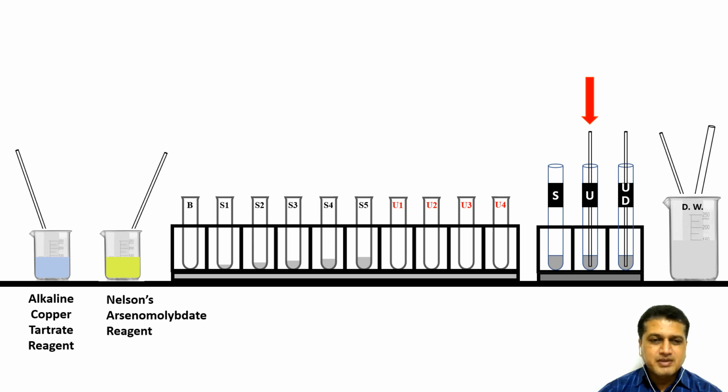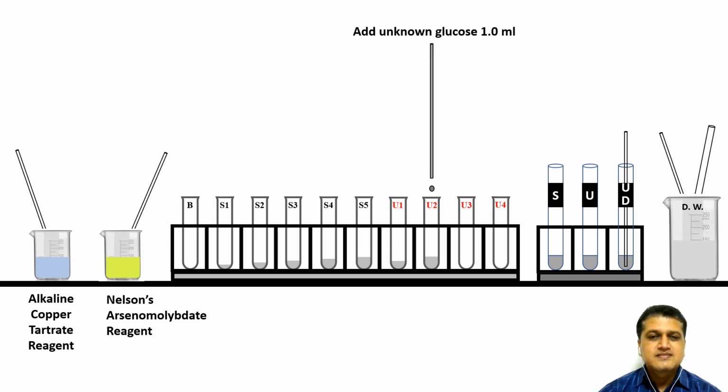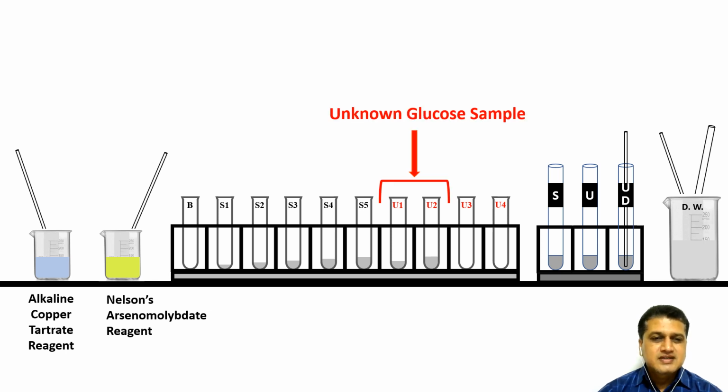Now, pipette in unknown glucose sample using 1 ml glass pipette. Add 0.5 ml of unknown glucose sample in tube labeled as U1. Add 1 ml of unknown glucose sample in tube U2. Thus, 2 aliquots of unknown glucose samples are taken.